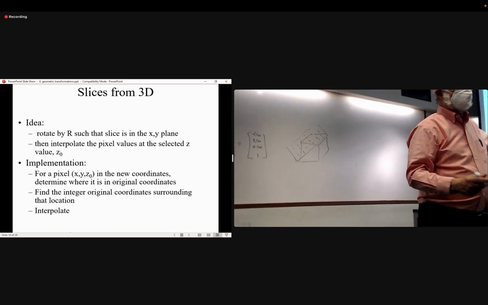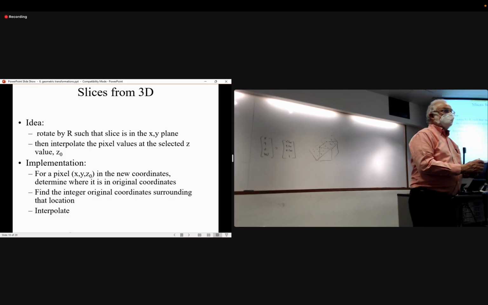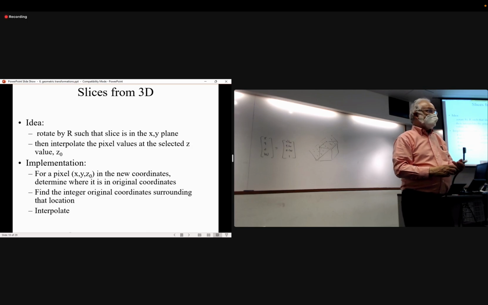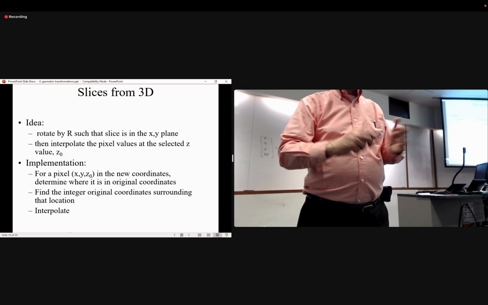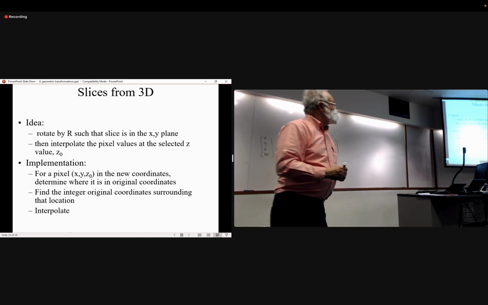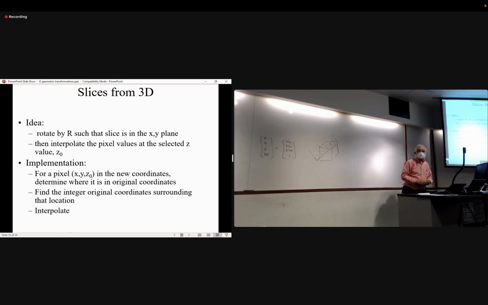Because, well, for I guess obvious reasons, there's no reason for them to be. But they will be places in the XYZ image that you can do our standard interpolation method in, like trilinear interpolation. And that's how you do it. Okay, so we now have both projection from 3D to 2D, or slices from 3D to 2D.